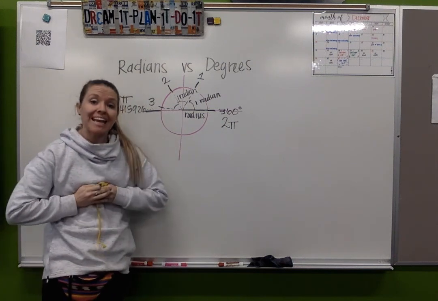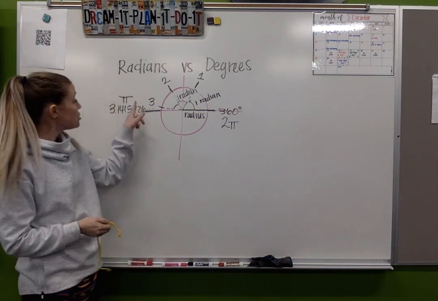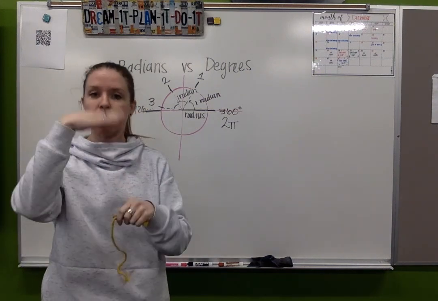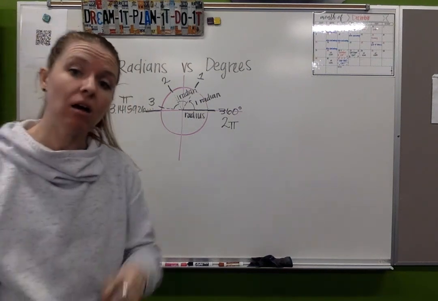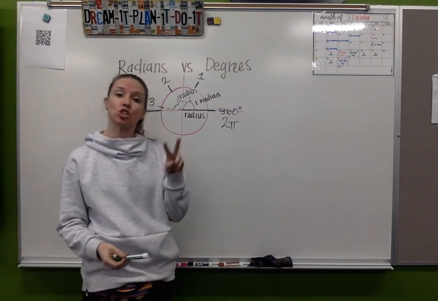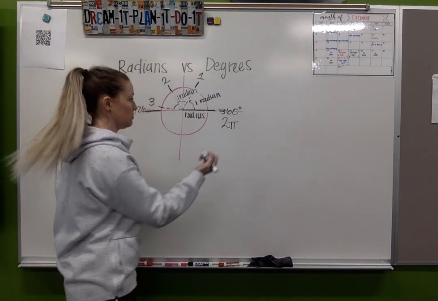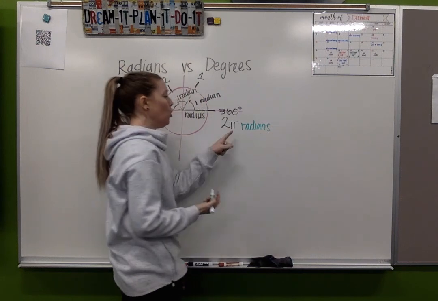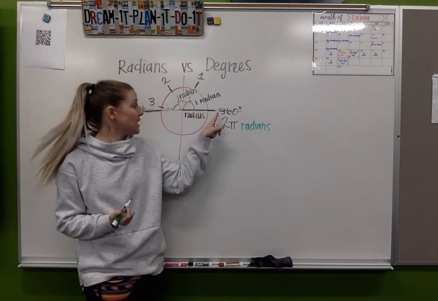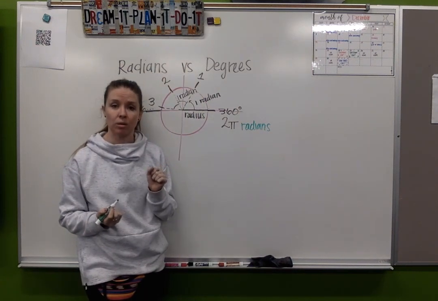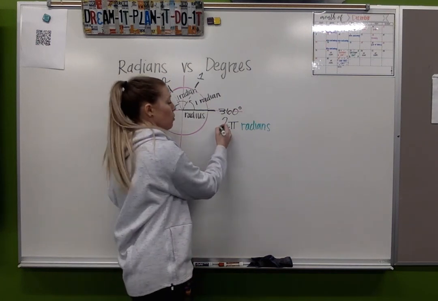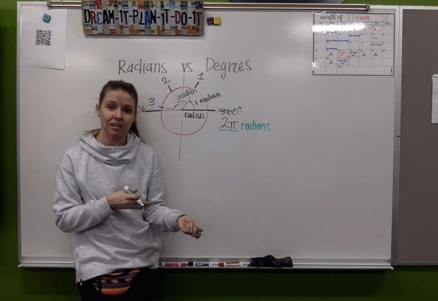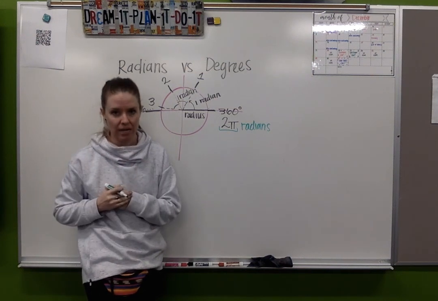So when we're measuring in radians, we're actually going to be in terms of pi. Halfway around the circle is pi. All the way around the circle is 2 pi radians. When we write degrees, we see 360 with a degree symbol. When we write radians, we don't write radians. It's in pi, and therefore we know it's a radian.